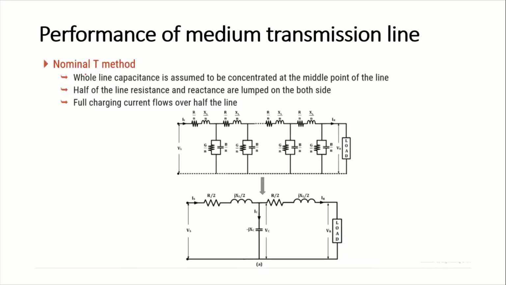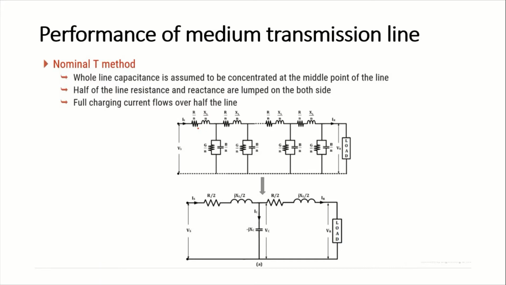Now next is the nominal T method for the performance of a medium transmission line. In the nominal T method, the whole line capacitance is assumed to be concentrated at the middle point of the line. Half of the line resistance and reactance are lumped on both sides, and the full charging current flows over half of the line.